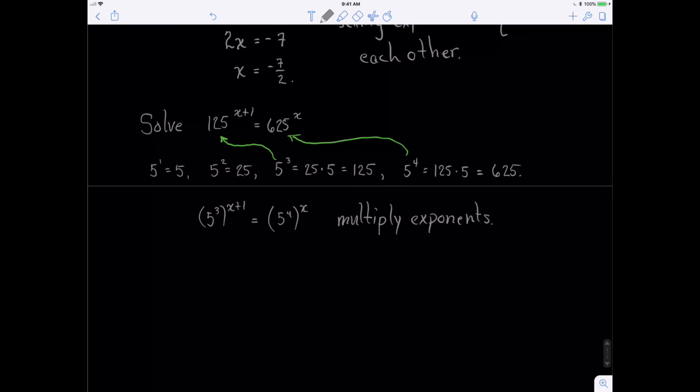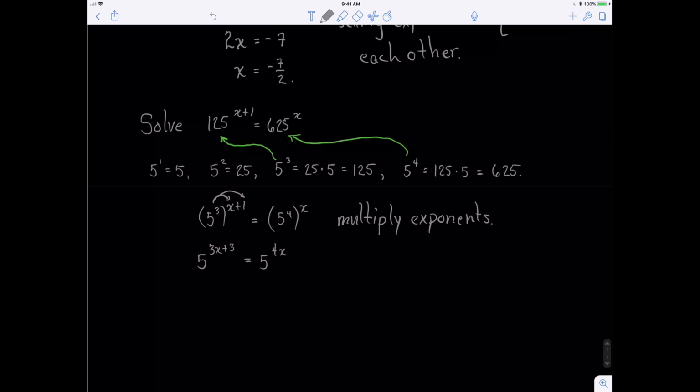Now here's the key: this 3 has to be distributed through the x plus 1. So this is 5 raised to the 3x plus 3. And on the right side, we have 5 raised to the 4x.